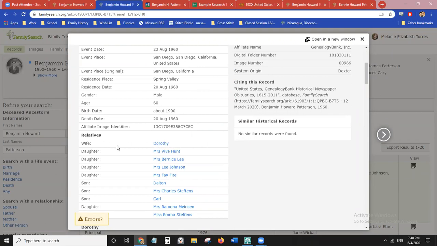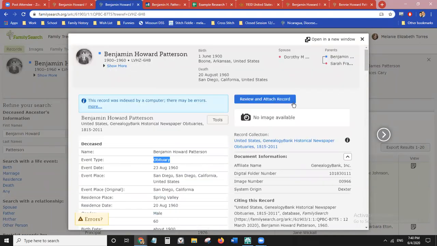So we have the wife. He has a daughter, Viva Hunt, Bernice Lee, Lee Johnson, Faye. I don't know who Faye is. That's another person. We have Dalton. And we have some in-laws right here, maybe.